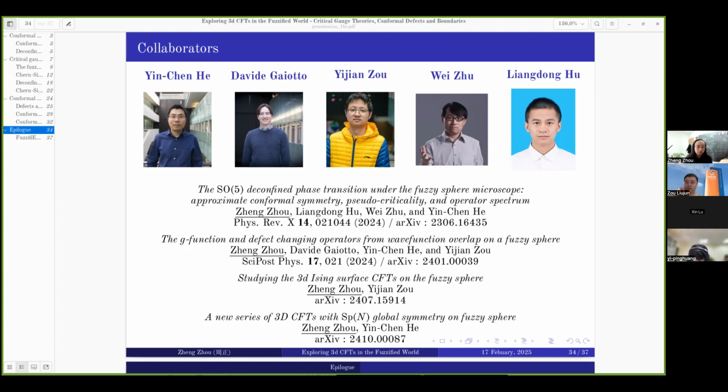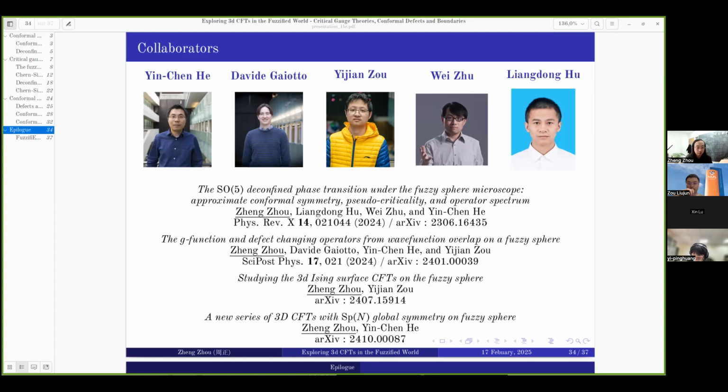But for example, for the ED and DMRG calculations, large N goes very badly. For DMRG, the local dimension actually grows very fast with N.